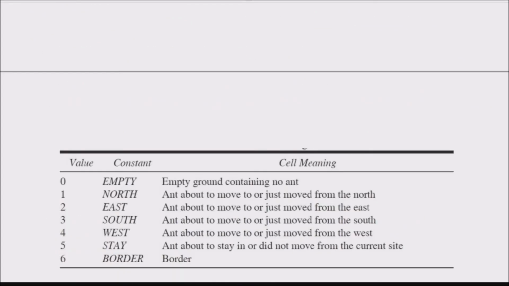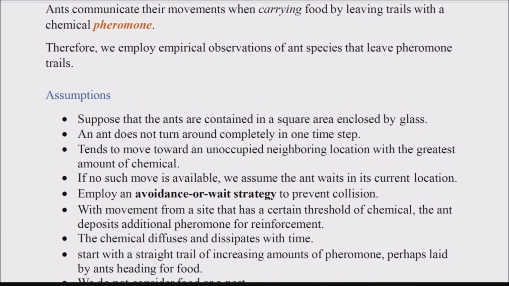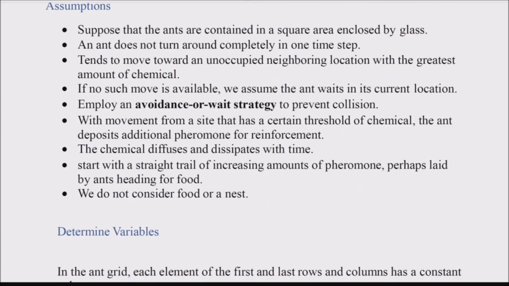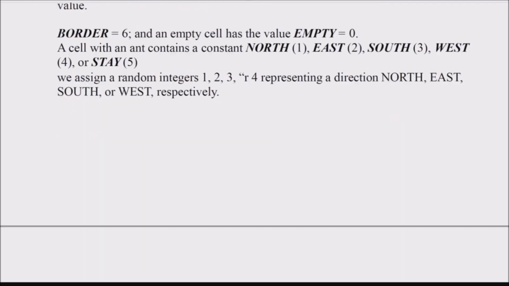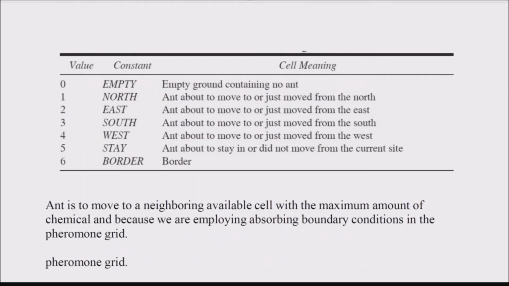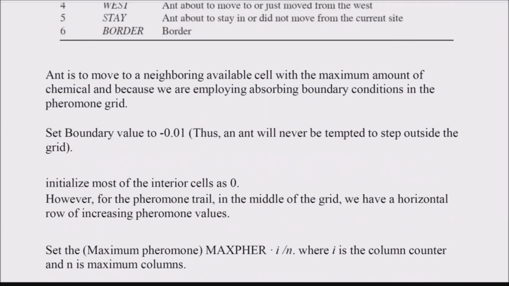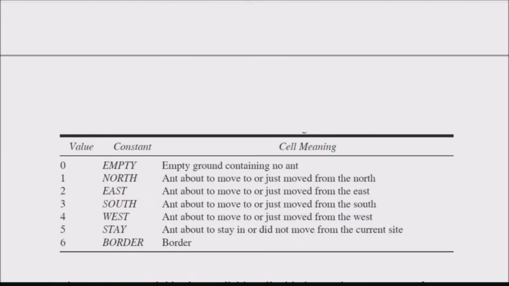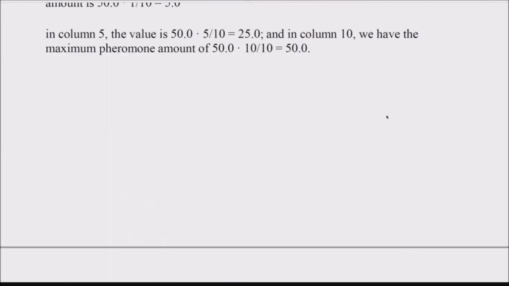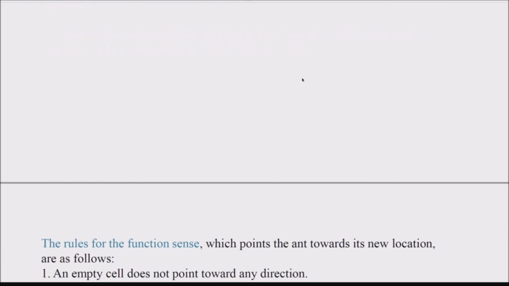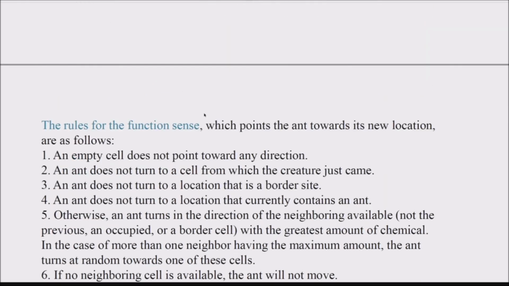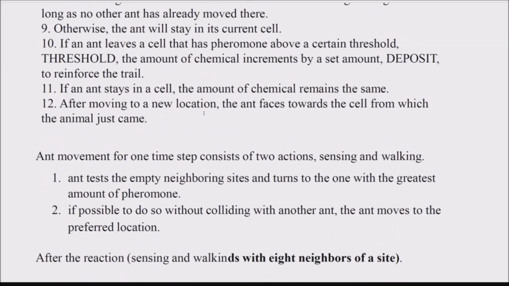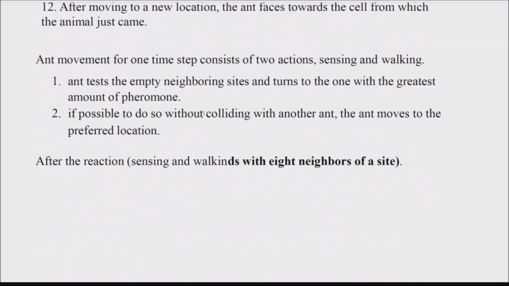We have a bunch of assumptions here, so make sure you understand the assumptions, and the values of the initial setup. There are a few of them right here. And how you set up the maxfer. And then the rules. Those are very important.